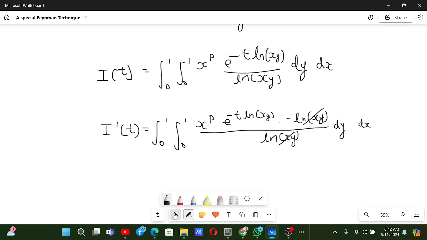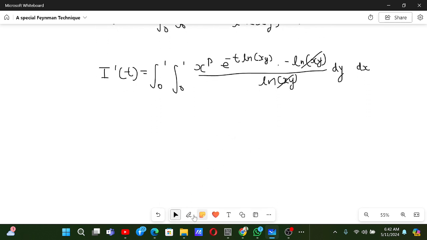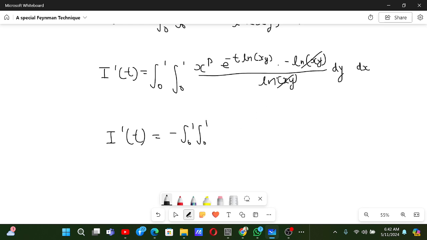Yeah, we can take the minus sign outside, so we get I'(t) as the negative of the integral from 0 to 1, integral from 0 to 1 of x^p times (xy)^(-t), and then dy dx. Now this is a very easy integral, everyone can solve it.